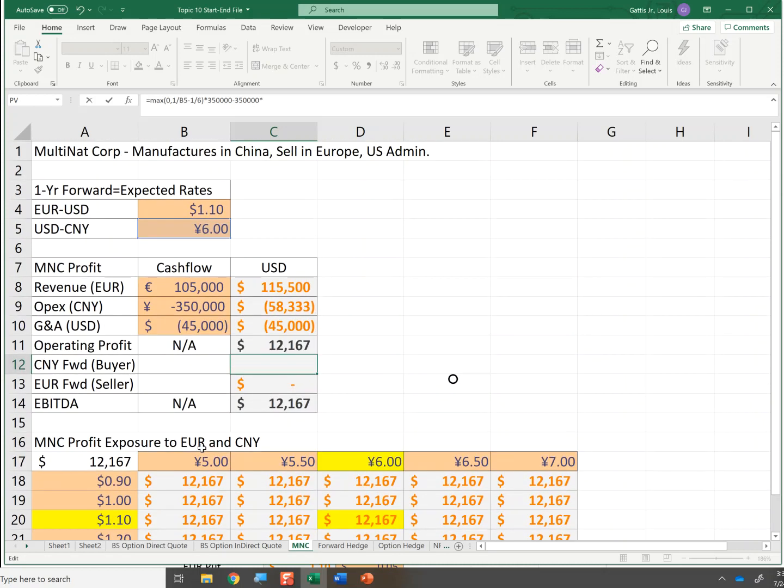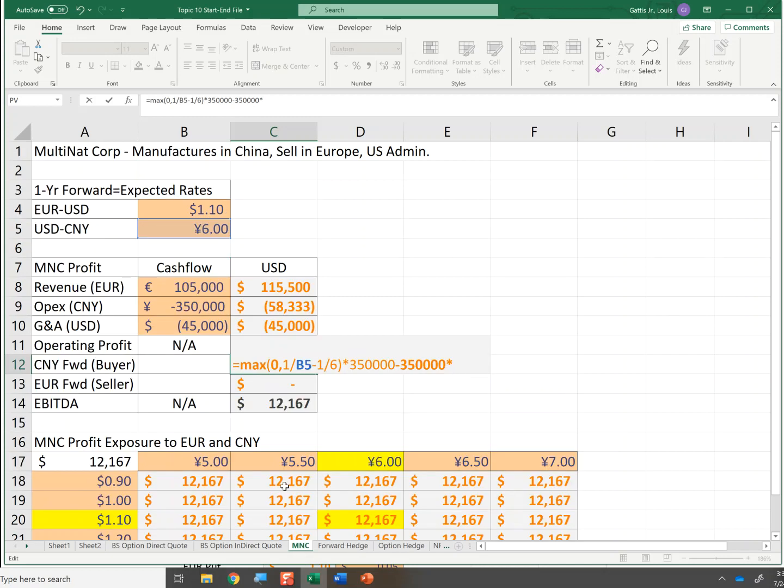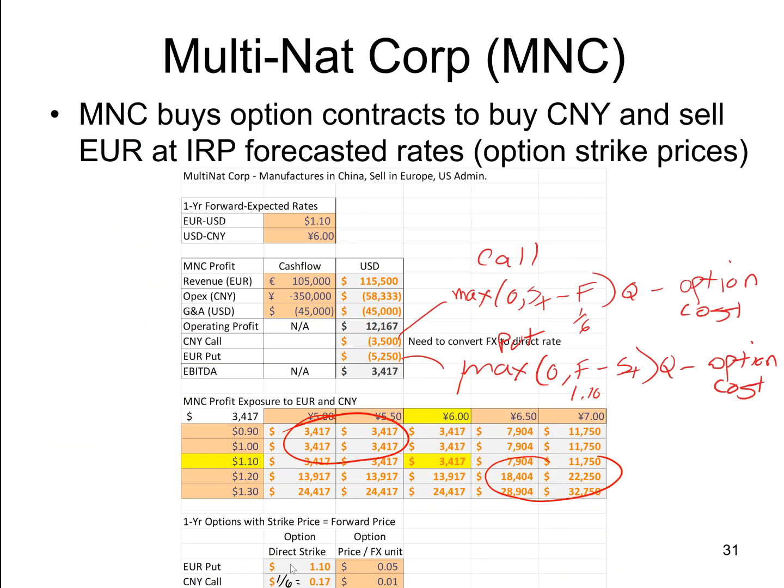So where's my price of the call price on CNY? Looks like I'm given that, and that's going to be 1 penny.